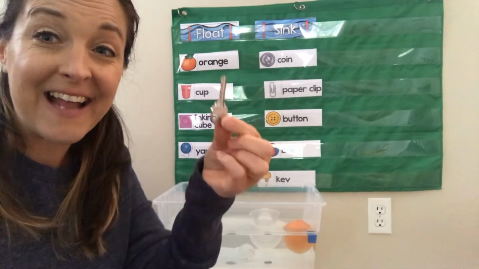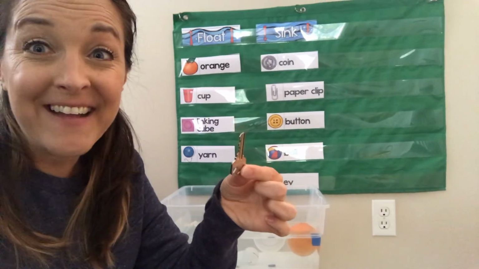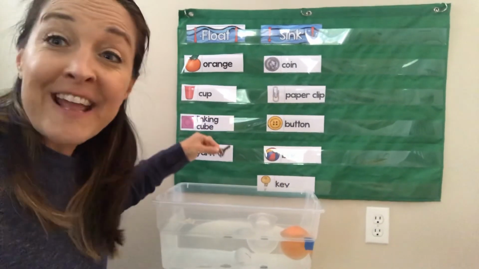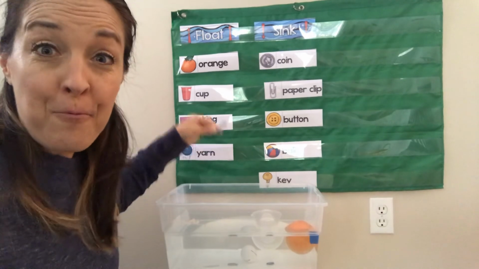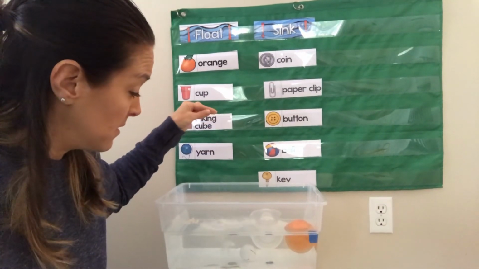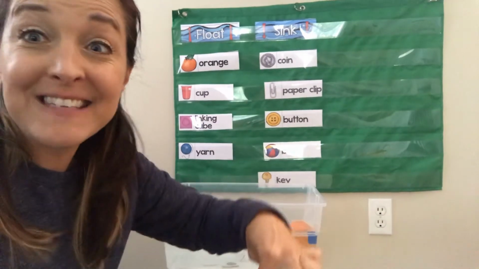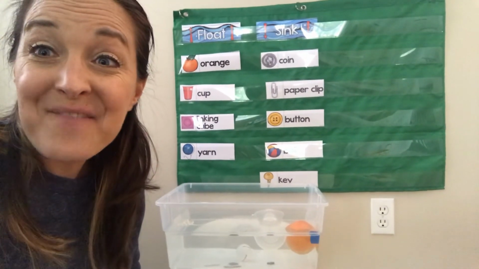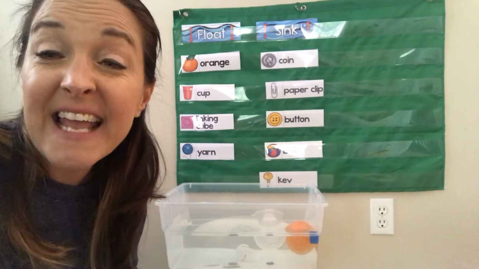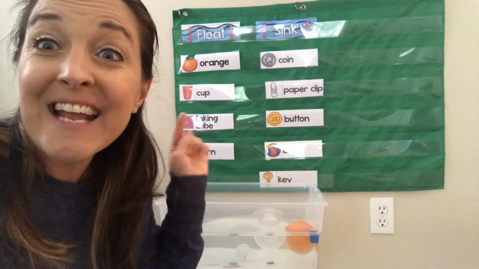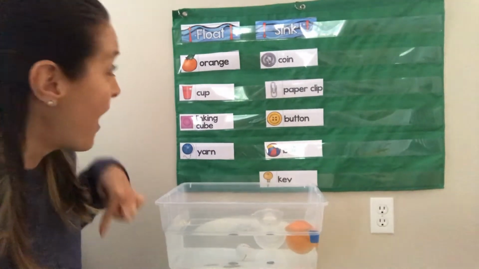Okay, you ready? Last one. Here we go. 3, 2, 1. Did you see that? It went down, down, down. What does that mean? It sank. It sank all the way down.